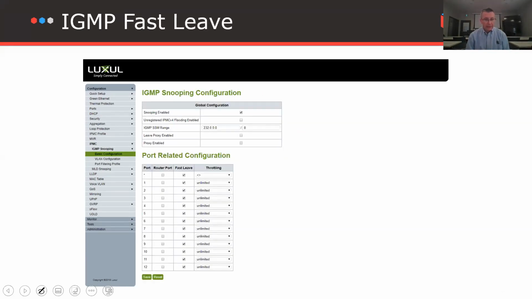And for enabling fast leave, what fast leave does is, as soon as we're changing from listening to encoder number 1 to encoder number 2, it sends a fast leave message to say, hey, I'm leaving 1 and I'm heading to 2. So it immediately drops that connection. So it allows it to drop stream number 1 so it can pick up stream number 2. And again, it's as simple as a checkbox. I check that off for all my ports, and that way I've got fast leave enabled so I can get that faster switching.